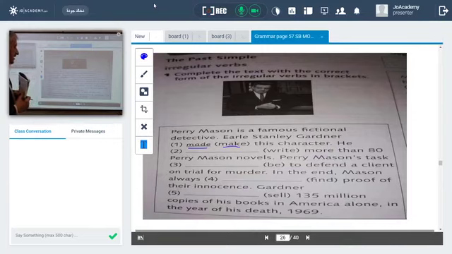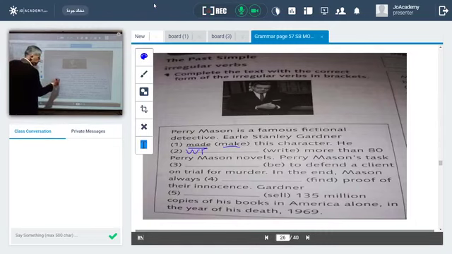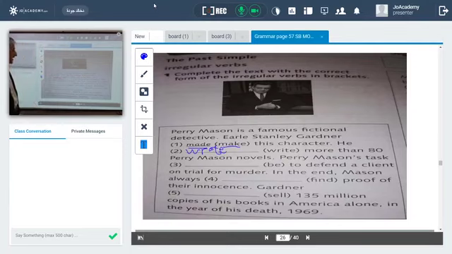This character, we have the verb write. We need to make it past, so it becomes what? It becomes wrote. He wrote more than 80 Perry Mason novels. He wrote novels, riwayat.